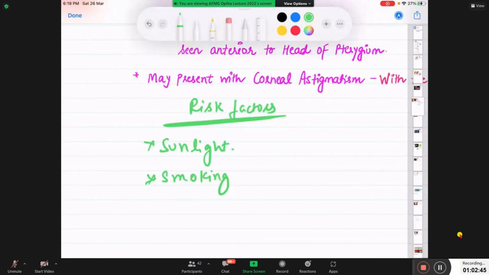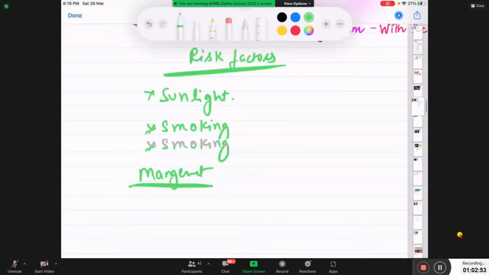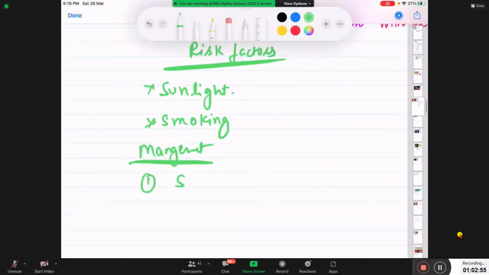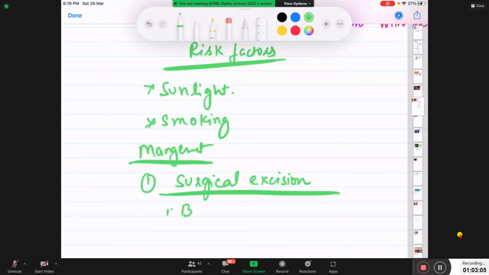Now coming to surgical treatment or management. There is no medical management. You go for surgical excision. First, you can just scrape the pterygium.